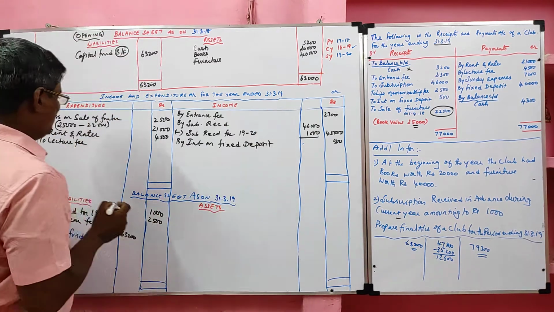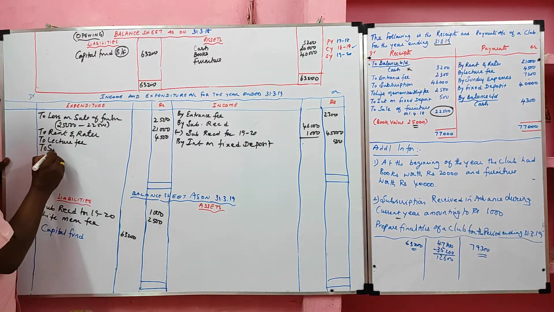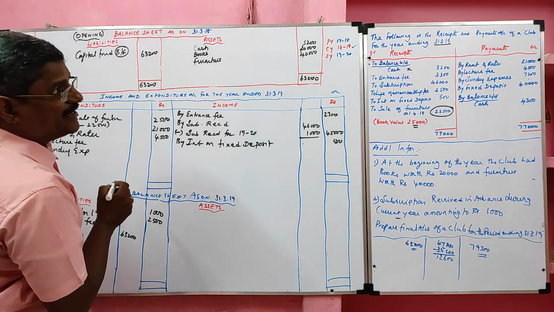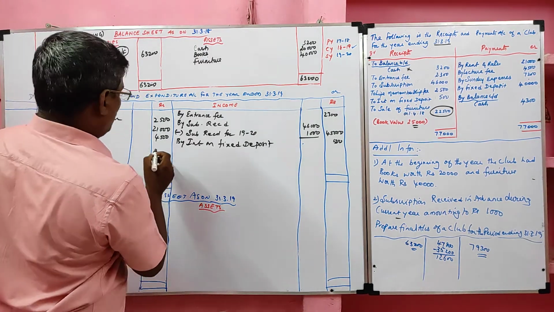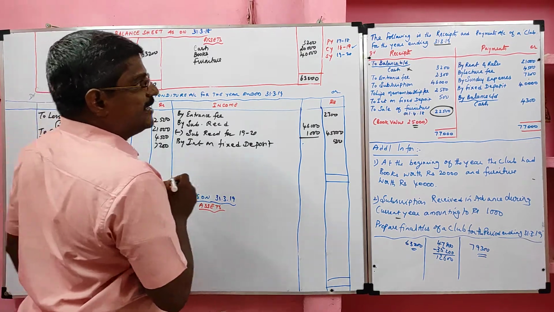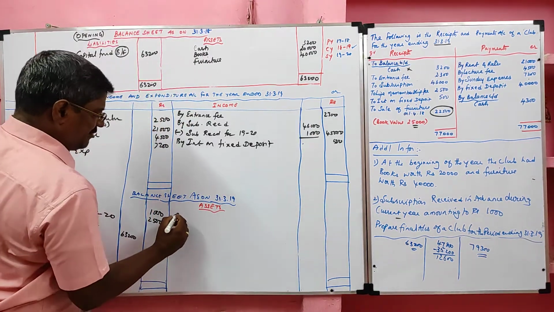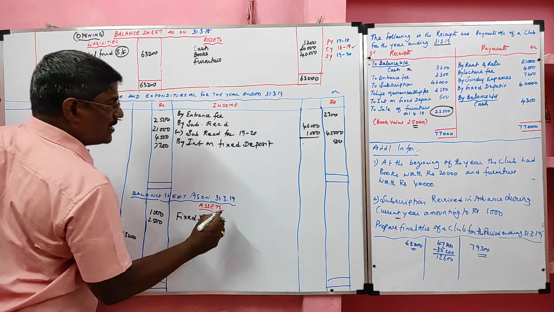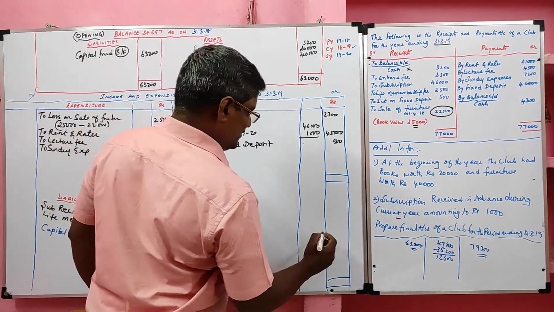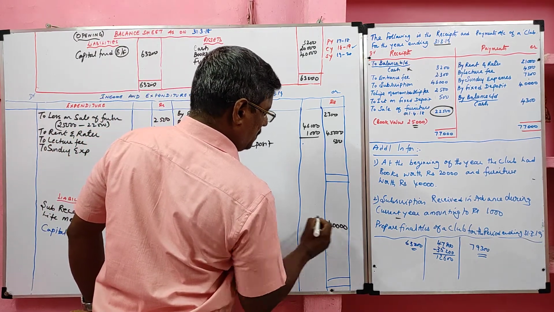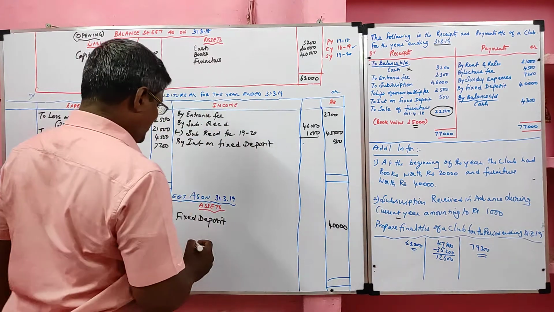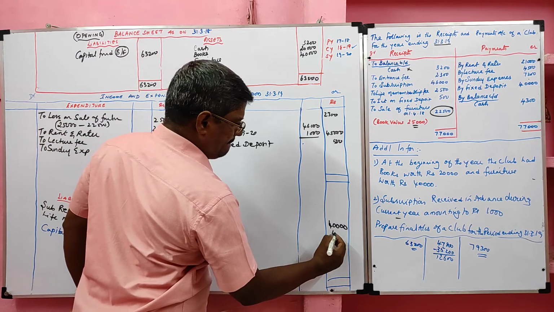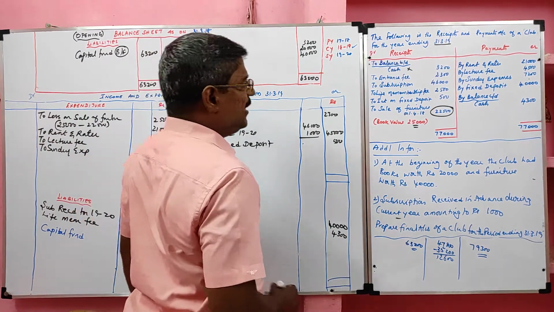Then we have sundry expenses, revenue expenses recorded in the expenditure side, its value 7,200. Next, fixed deposit is a capital expenditure recorded in the asset side, value 40,000. Next, closing cash recorded in the asset side, its value 4,300. Then move to the additional information.